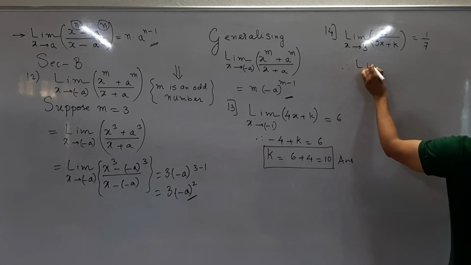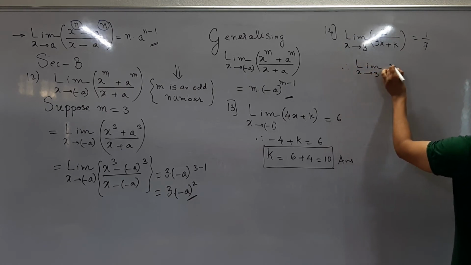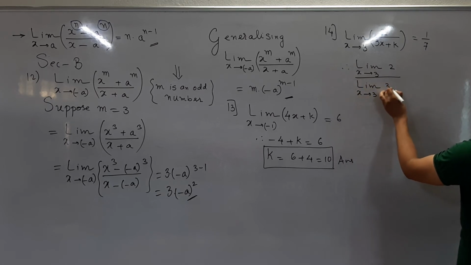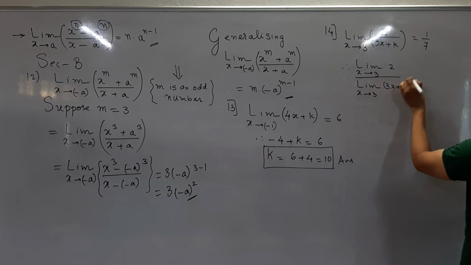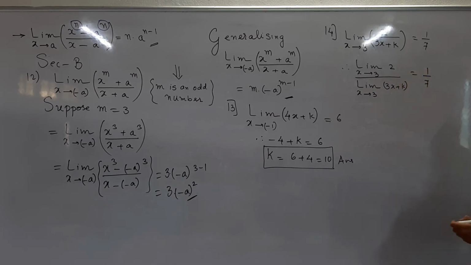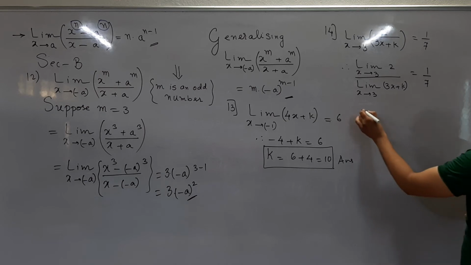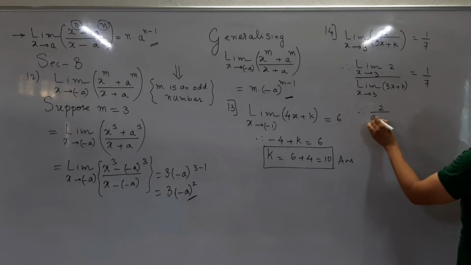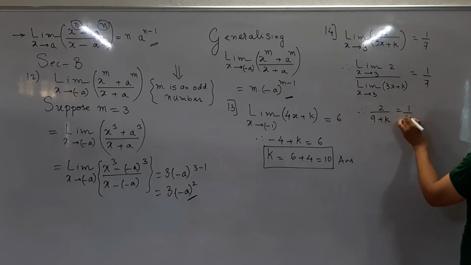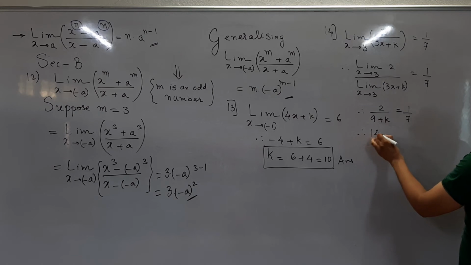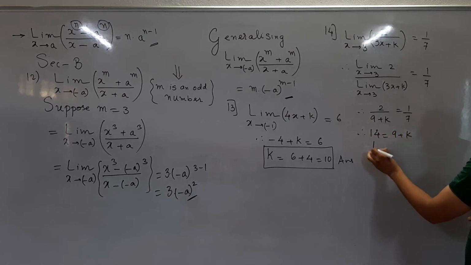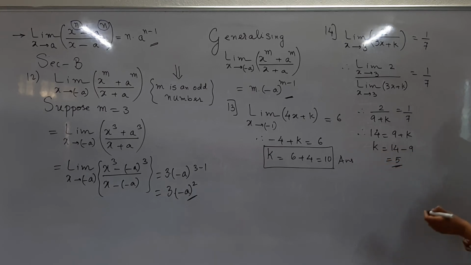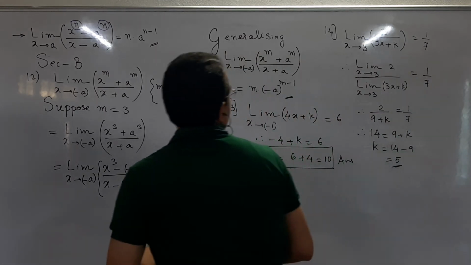So this changes to limit x tends to 3 of 2 upon limit x tends to 3 of 3x plus k, and this answer is nothing but 1 by 7. Limit of 2 is 2. Here take 3 into 3, 9 plus k is equal to 1 by 7. Cross multiply: 14 is equal to 9 plus k, so k is equal to 14 minus 9, that is 5. So this is the answer, students.